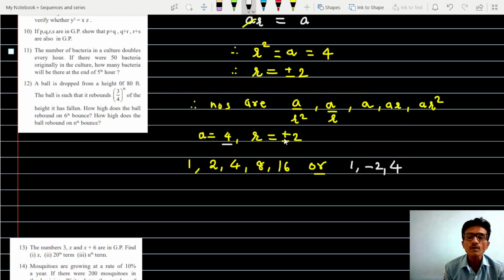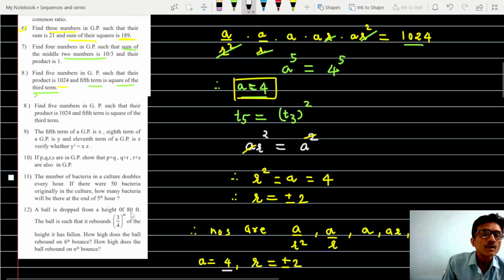R is minus 2, and this is 4, it is minus 8. Then R is equal to minus 2, 4 will come, plus 4 and 4 is 16, meaning alternate signs you will get here. 1 minus 2 plus 4 minus 8 plus 16. These are the numbers in GP.